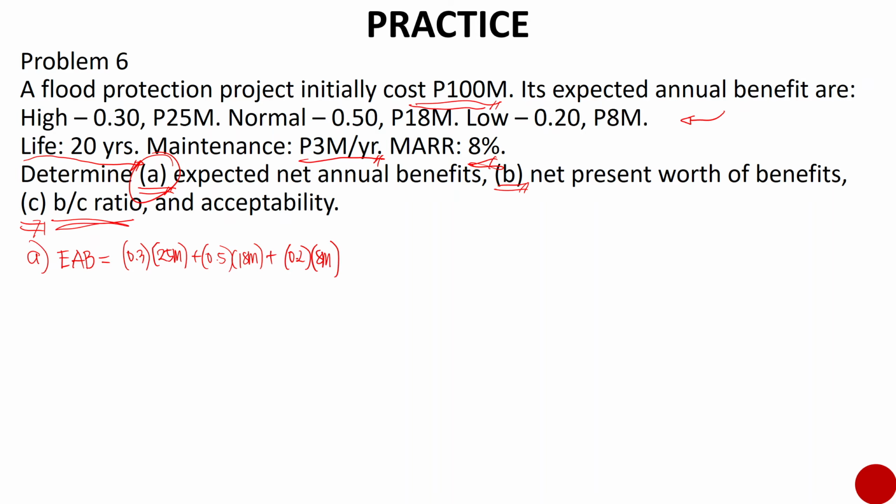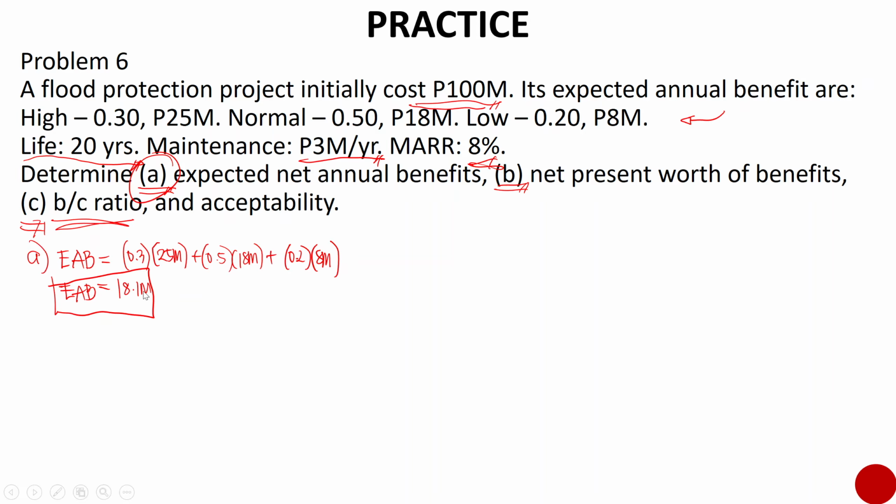And our expected annual benefit is equal to 18.1 million pesos. Take note that this is annual benefit. Now, if we look at the problem, we can see that there is a maintenance cost of 3 million per year, right?